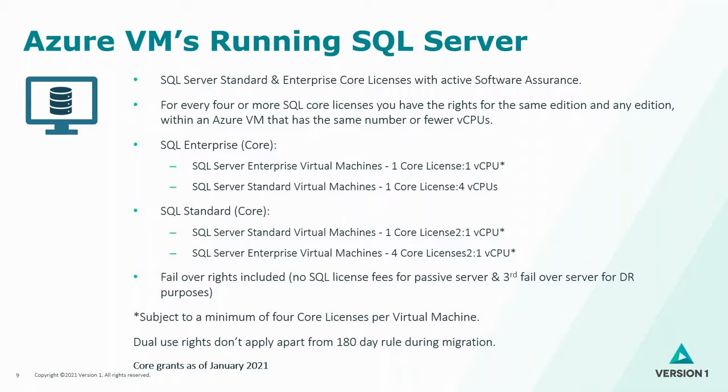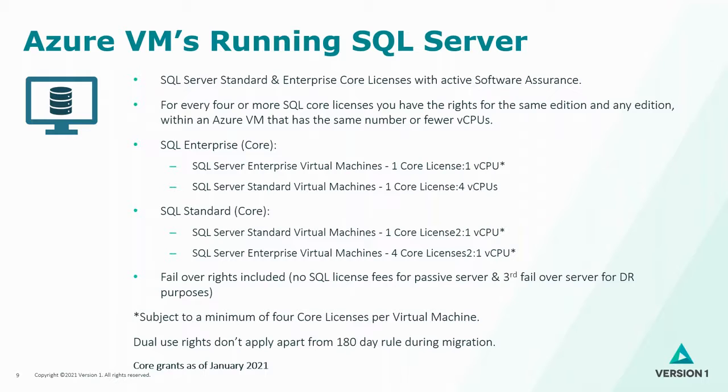For each SQL Server Enterprise core, if you want to convert those licenses into SQL Server Standard virtual machines, 1 Enterprise core equals 4 vCPUs for SQL Server Standard. One thing to call out is that obviously each virtual machine has a minimum core requirement of 4.